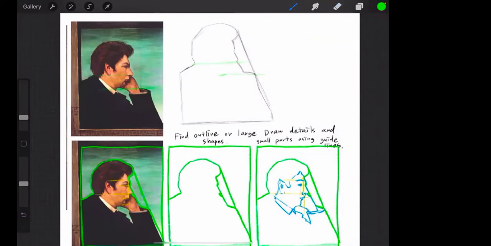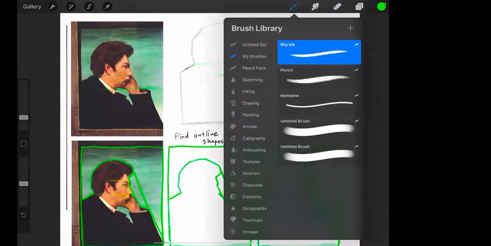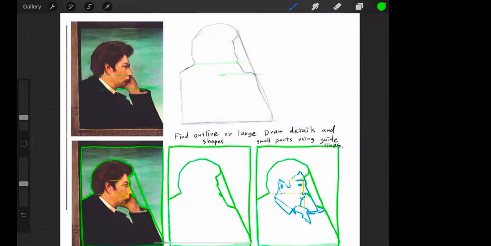So once you find the silhouette, you can check it with the guidelines, vertical and horizontal guidelines. Once you find the silhouette, it doesn't have to be perfect. I trust your eye. Okay. You can just check maybe a couple of areas with the guideline.